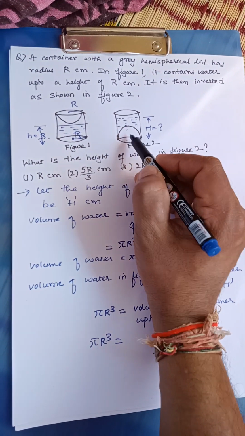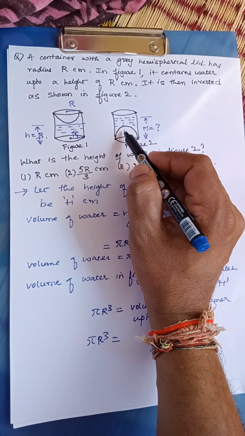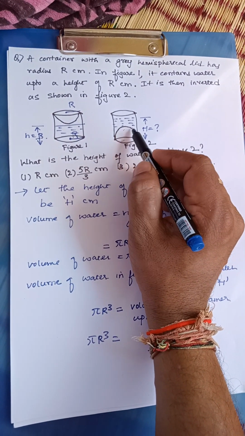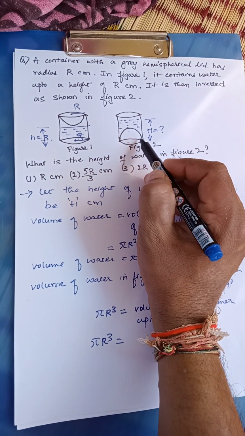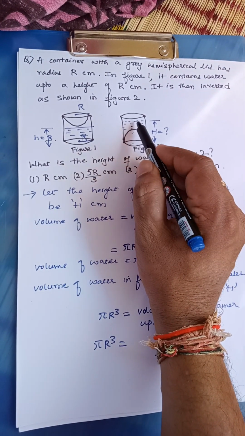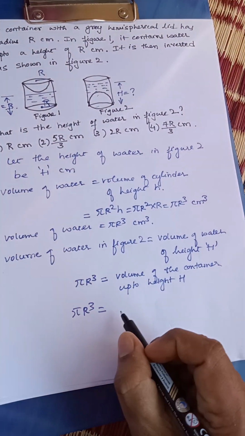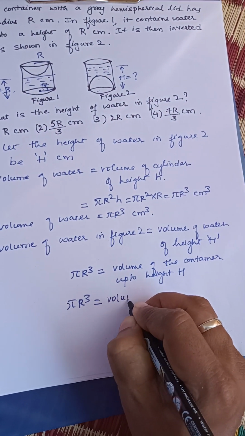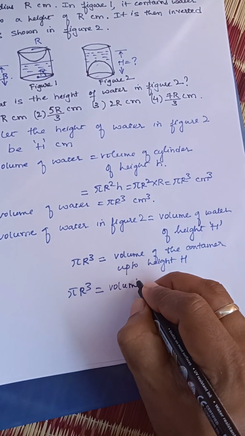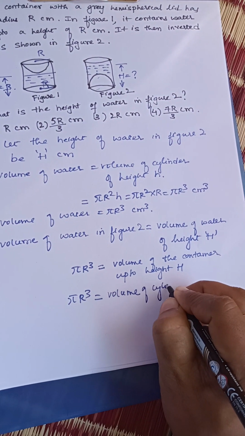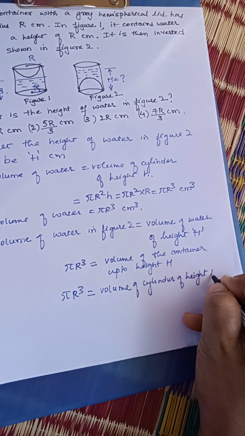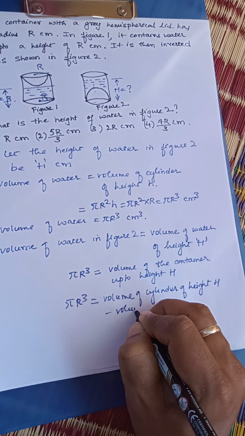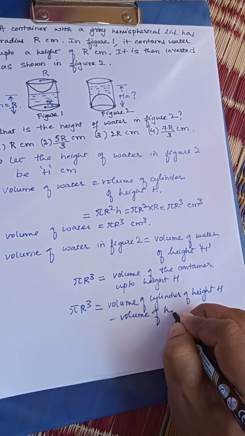We need to take away this volume because this part or this region of this container cannot be filled with water, so that's why we need to subtract the volume of the hemisphere from the volume of the cylinder of height h. So volume of the container up to height h will be equal to volume of cylinder of height h minus volume of hemisphere.